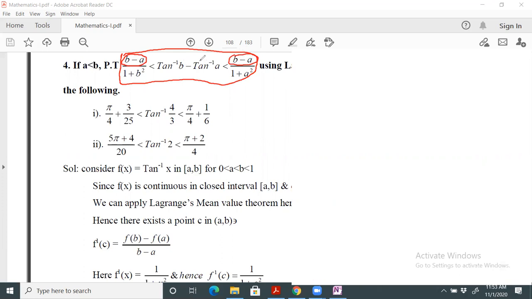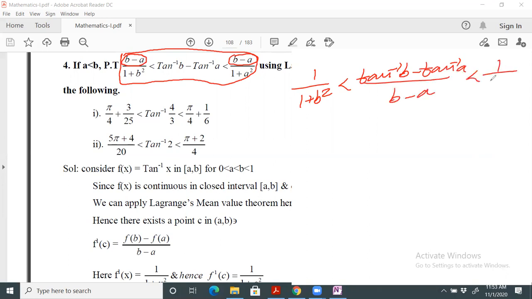So for eliminating b minus a, I am going to divide by b minus a. If we divide by b minus a, then we get 1 by 1 plus b square is less than tan inverse of b minus tan inverse of a by b minus a, which is less than 1 by 1 plus a square.